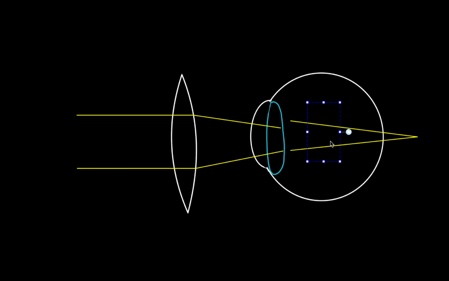That way, these rays can actually converge on the retina. And this is where we create that focused image. So this is where reading glasses come into play: the converging lens from those reading glasses will allow us to see that image. So they'll allow our parents to read the book or go around Facebook and see what's going on.